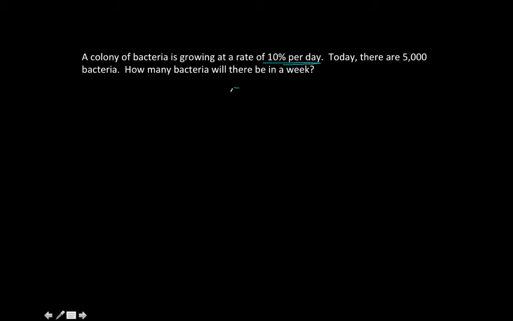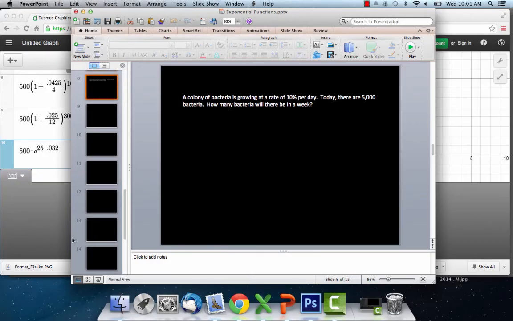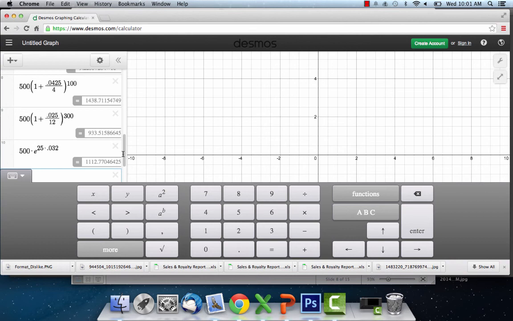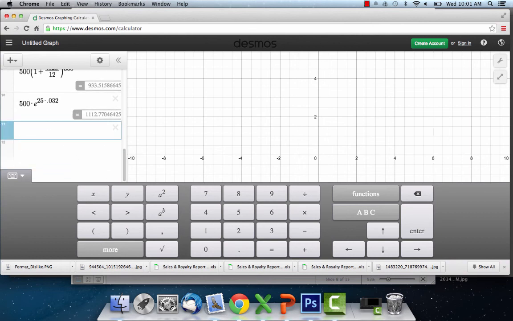So we have 5,000, that's how much we started with, times e to the rate, which is 0.10, times the number of days in this case, so 7. So this is 5,000 times e to the 0.7.